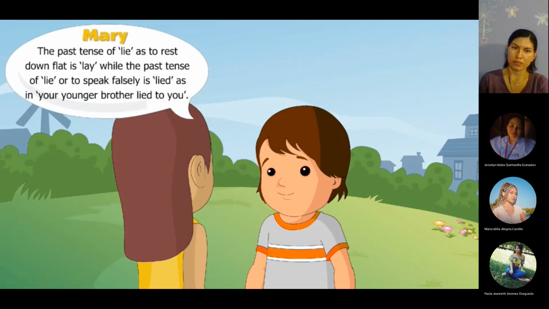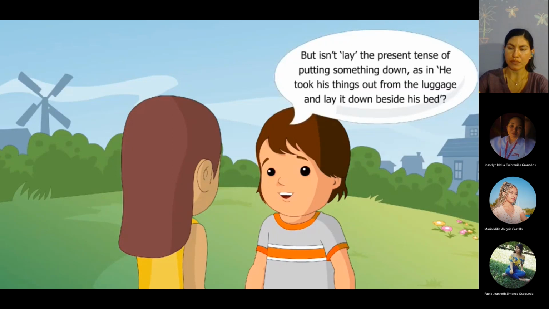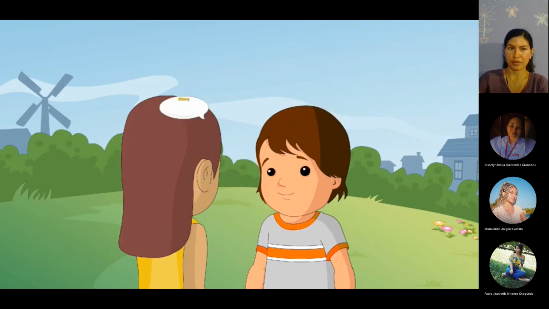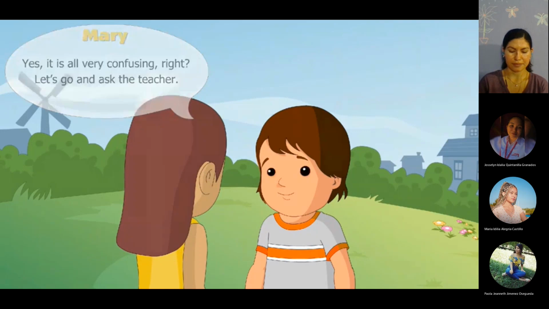The past tense of lie, as to rest down flat, is lay, while the past tense of lie, or to speak falsely, is lied, as in, your younger brother lied to you. But isn't lay the present tense of putting something down? As in, he took his things out from the luggage and laid down beside his bed. Yes, it is all very confusing, right? Let's go and ask the teacher.